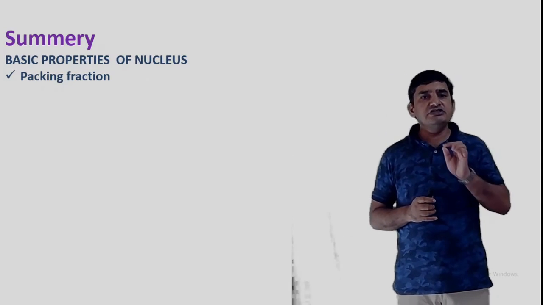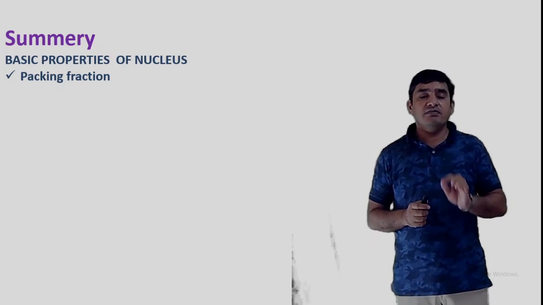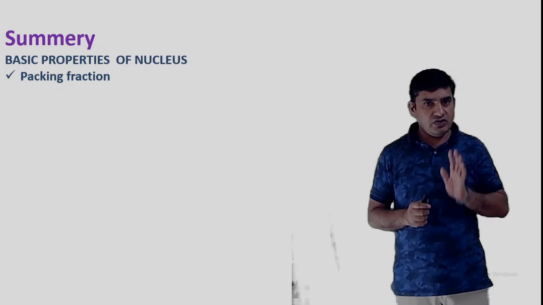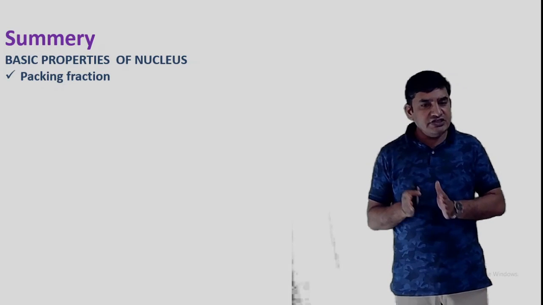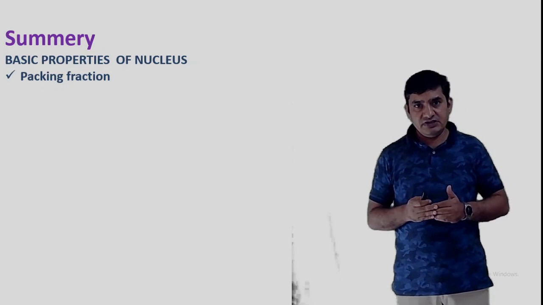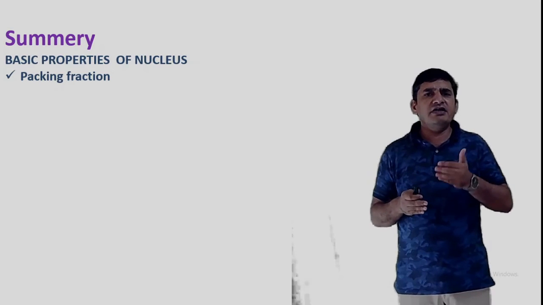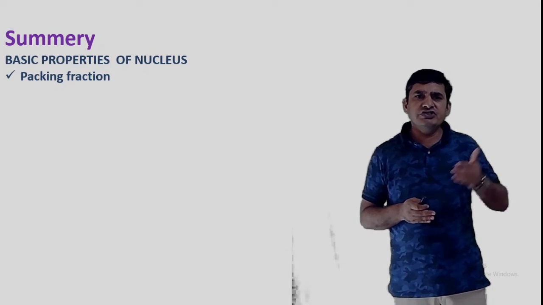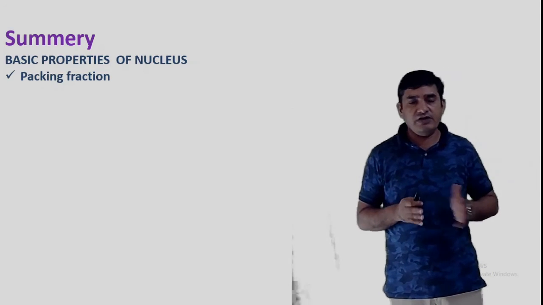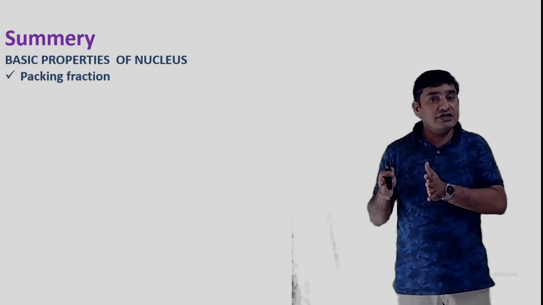Packing fraction is the ratio of mass defect and mass number. It is a very small quantity, and therefore we multiply it by 10 raised to 4, so it is expressed as parts in 10 raised to 4.